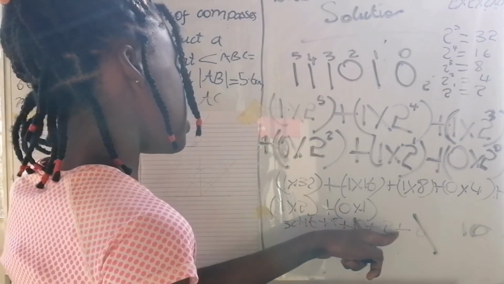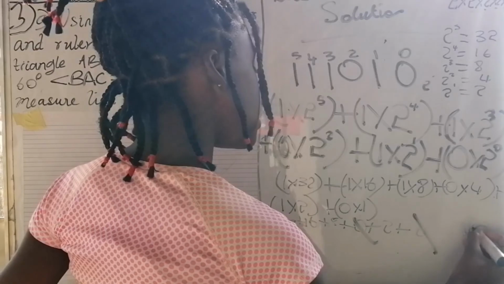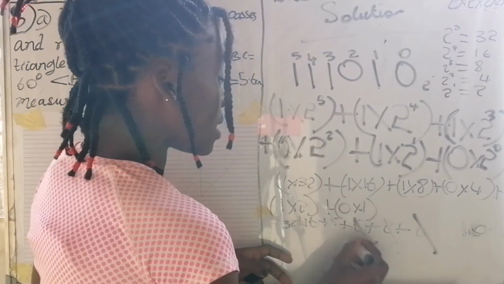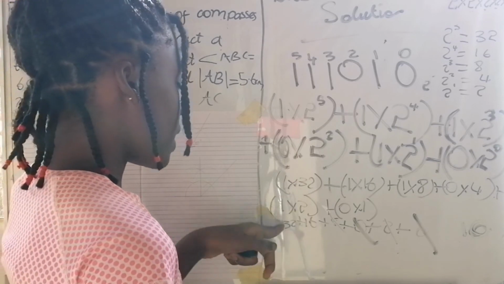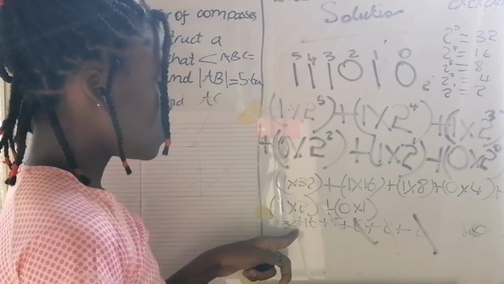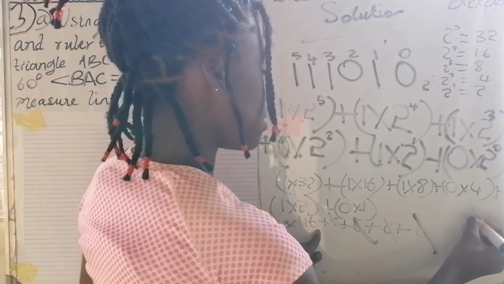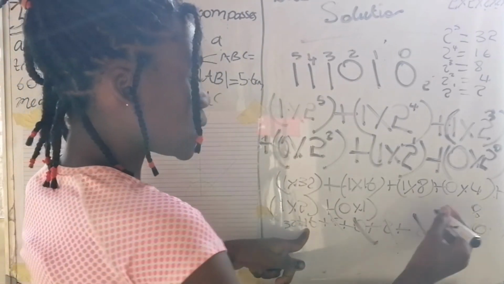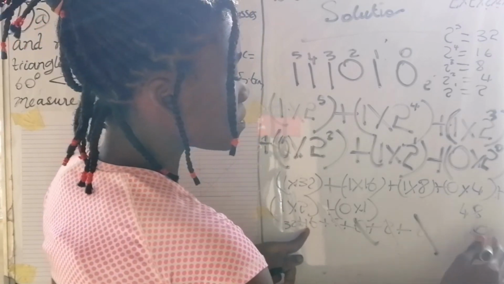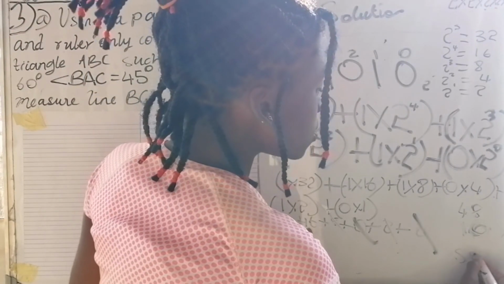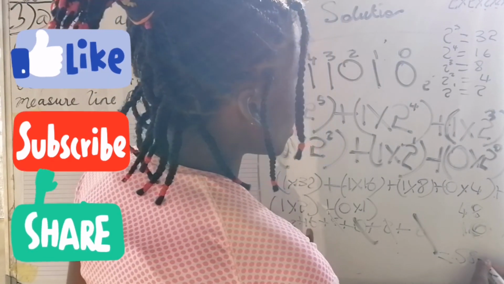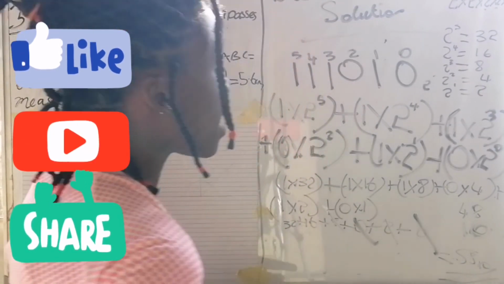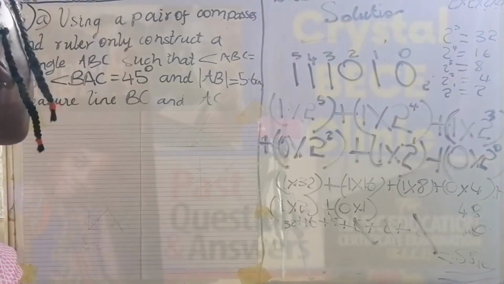Then 32 plus 16: 2 plus 6 is 8, and 3 plus 1 is 4, so 48. 48 plus 10 is 58. So our answer equals 58 base 10. This is our final answer.